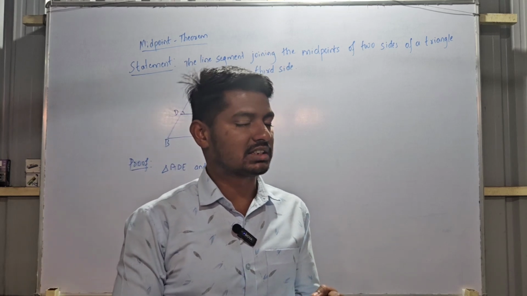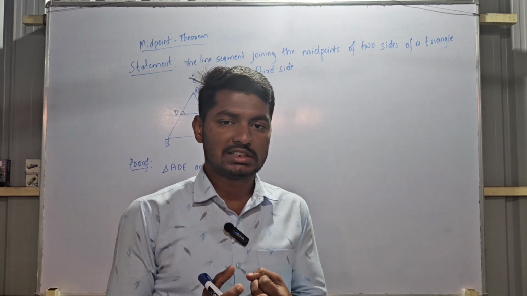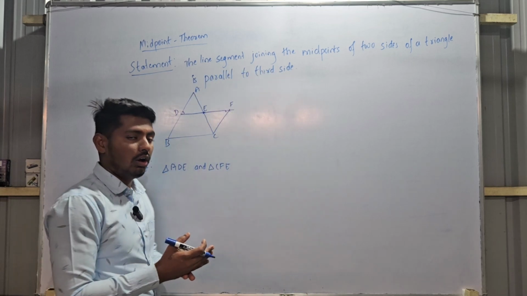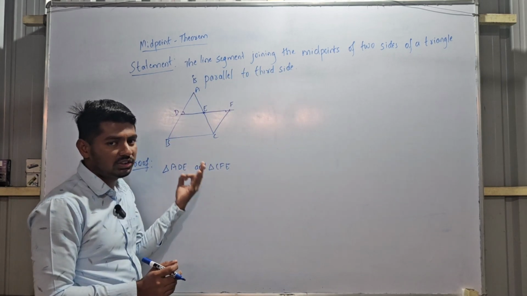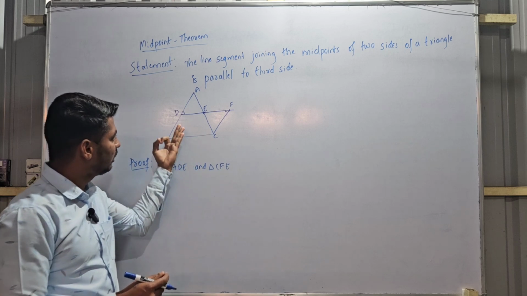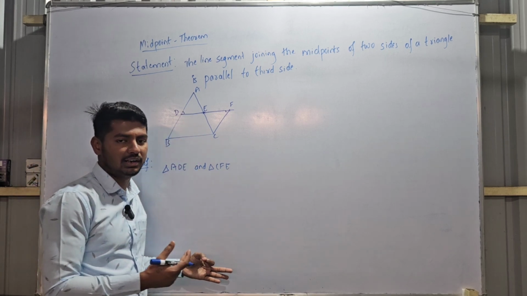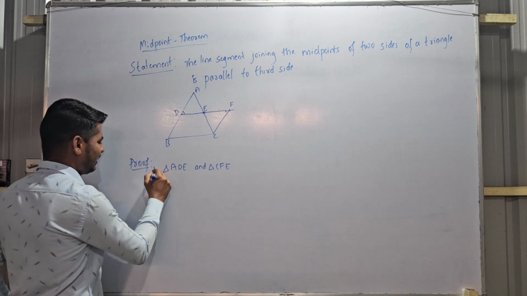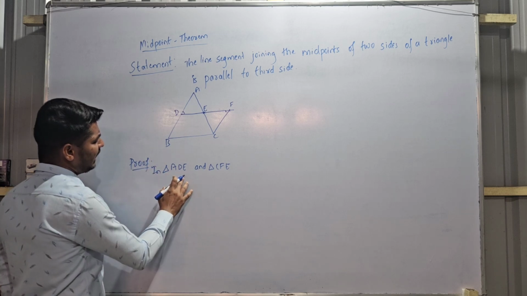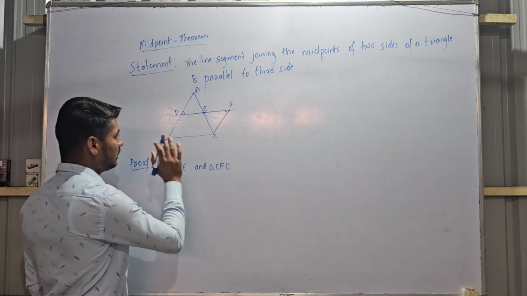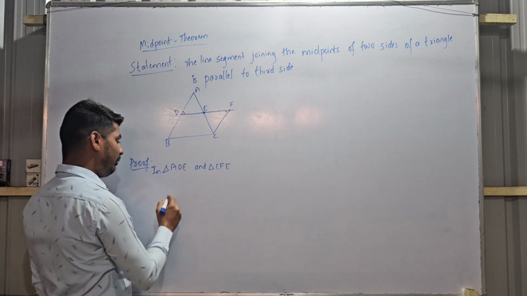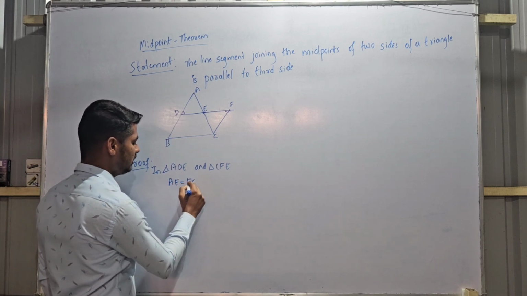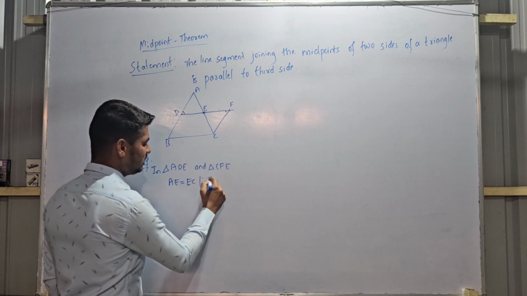I may prove it by SAS, I may prove it by SSS, I may prove it by AAA, or else here RHS is not possible because none of the triangles are right angle triangles. Other than the RHS, I can prove it. Let us consider, in triangle ADE and triangle CFE. See, it is already given that AE is equal to EC because E is the midpoint.